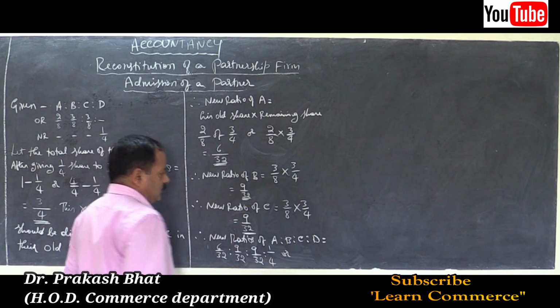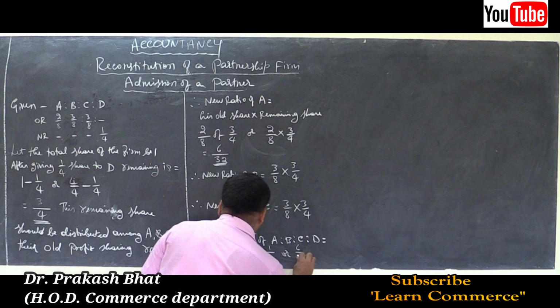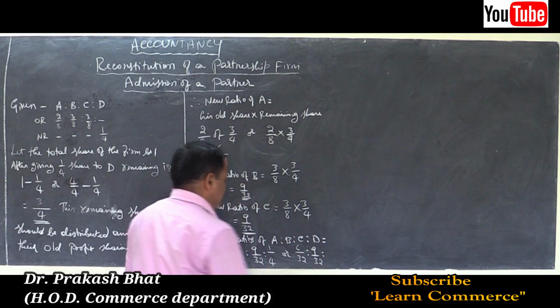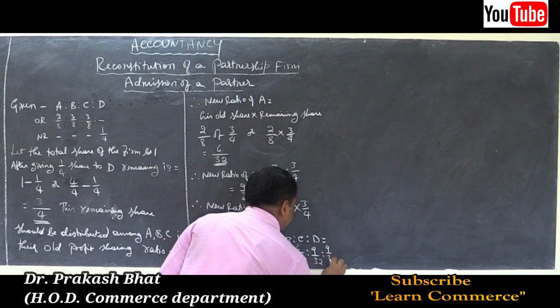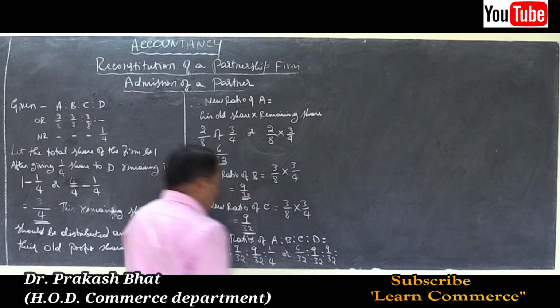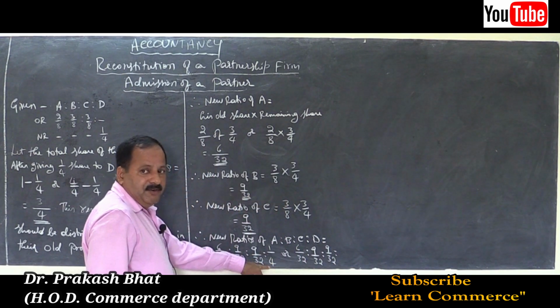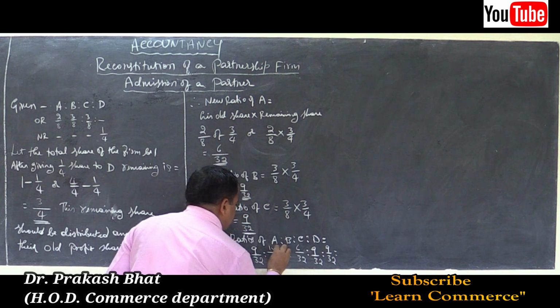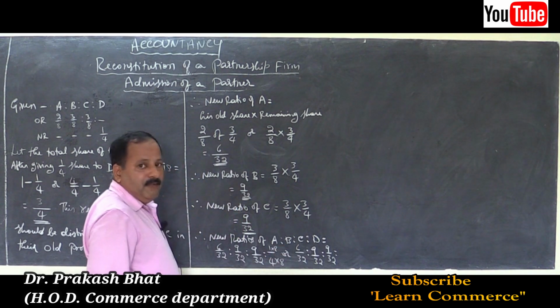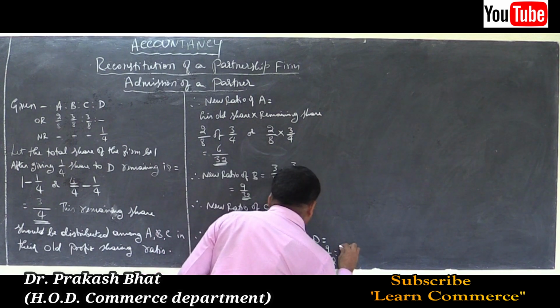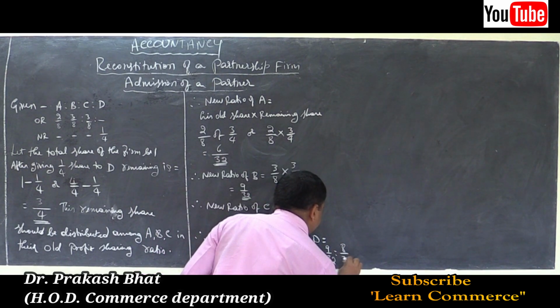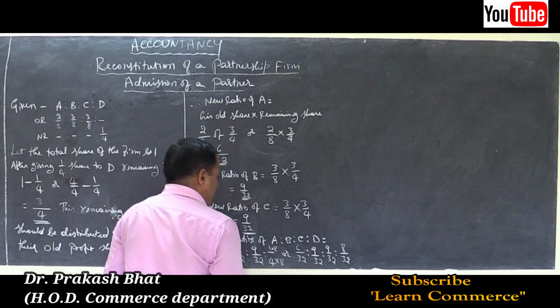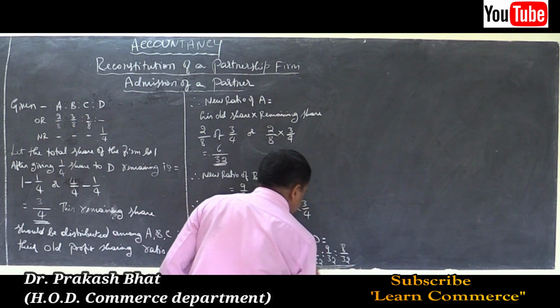I will convert this to the common denominator. 4 8s are 32, so multiply the numerator also by 8. So 8/32. This is their new ratio.